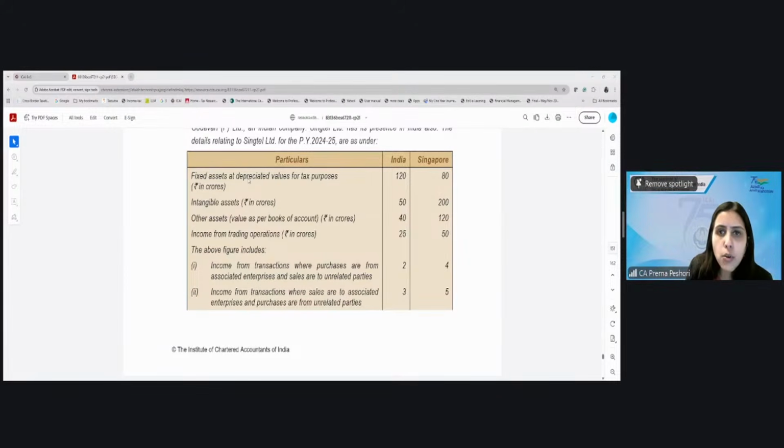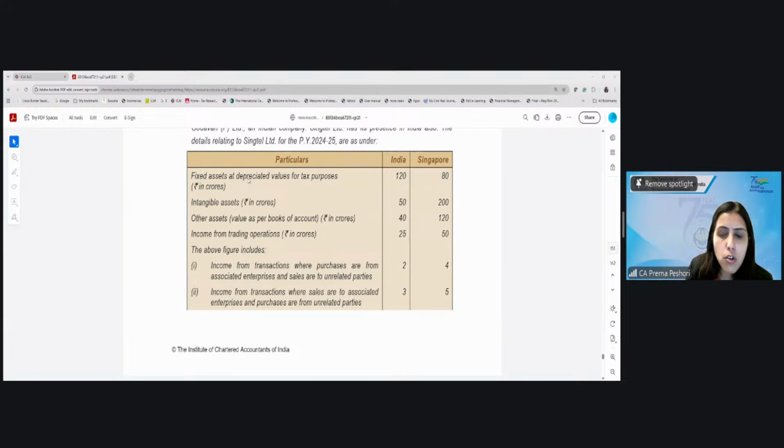So what is the value of the total assets that we have? Yes. So 610 crores is the total asset.